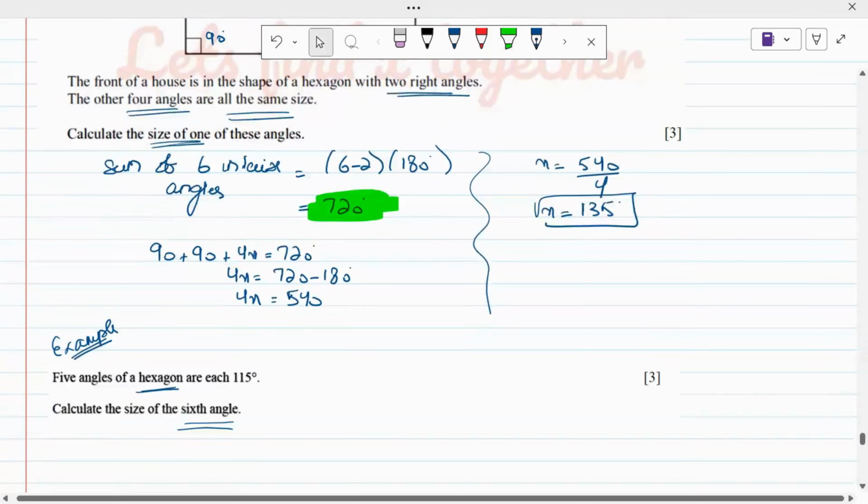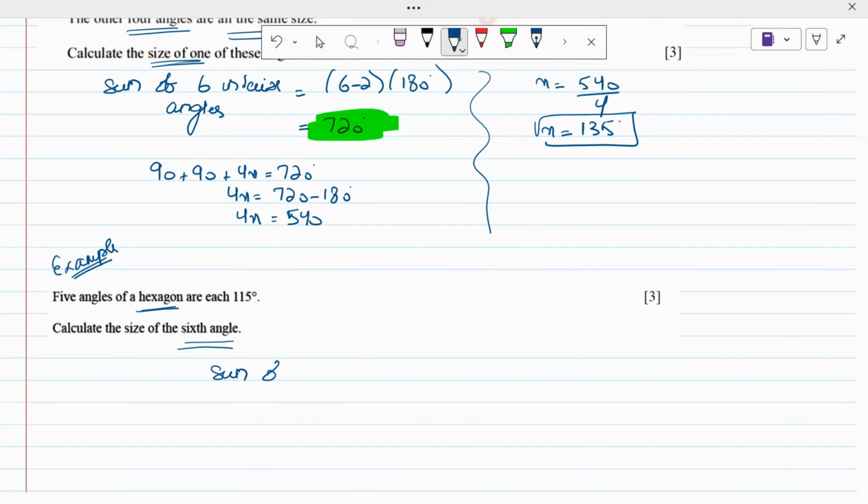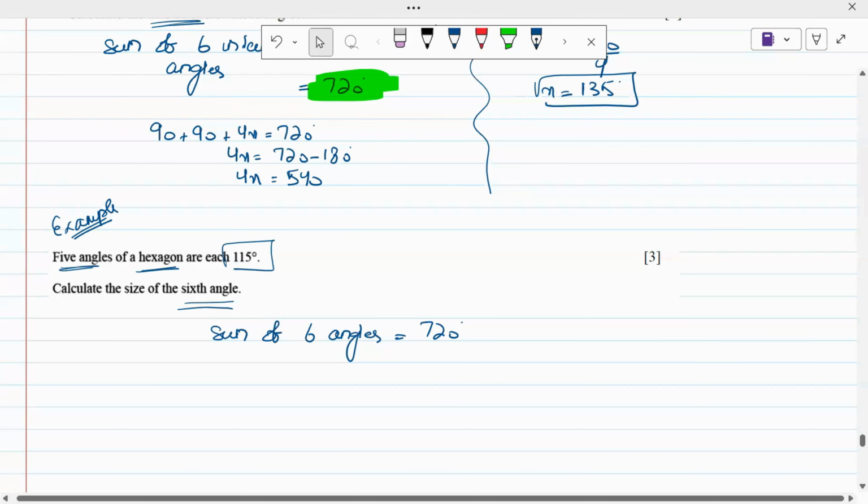So we'll do a shortcut here. We'll make the equation as the sum of six angles, which we know is 720. And out of those six angles, we have five angles of 115 and we have to find the sixth one.